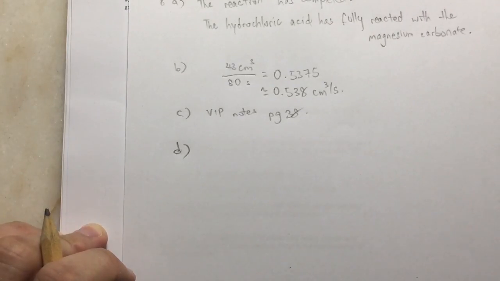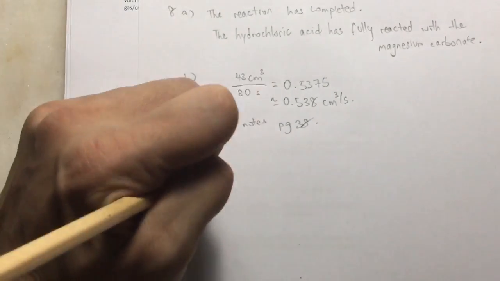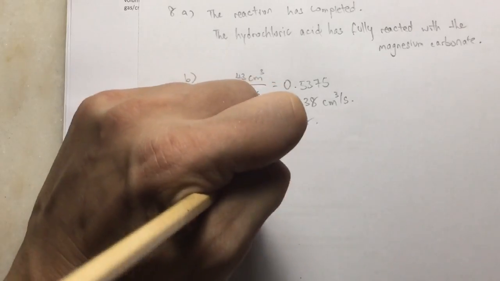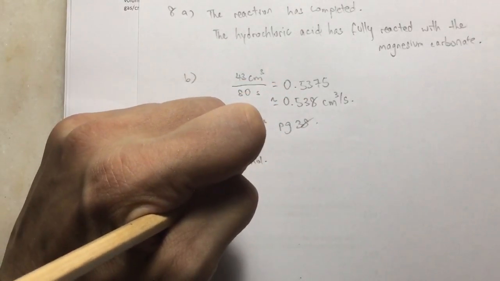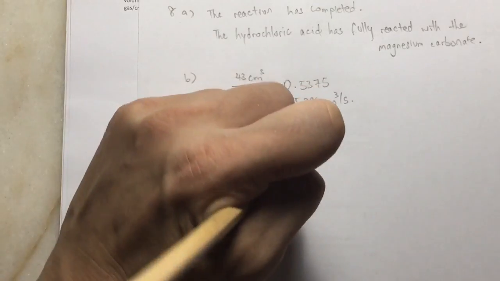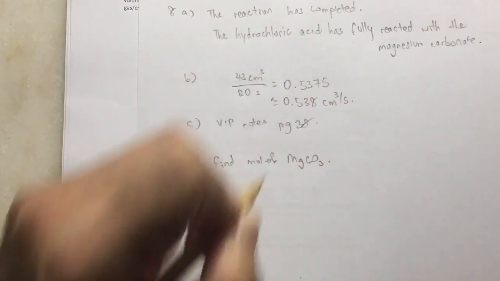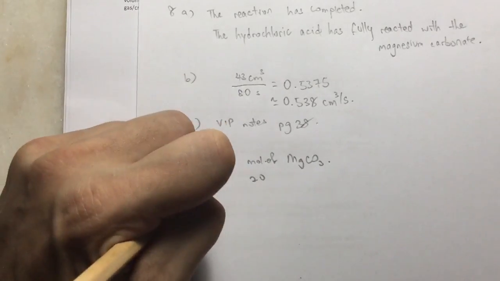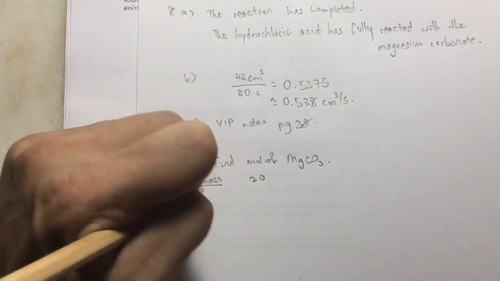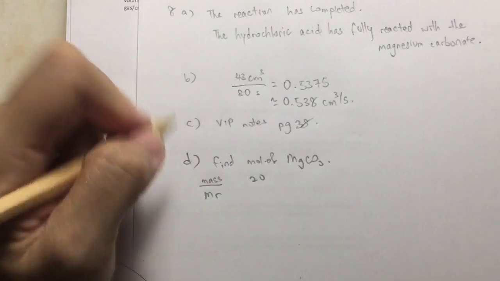So, step 1. Always find mole, and we are looking at magnesium carbonate. You're given 20 grams.